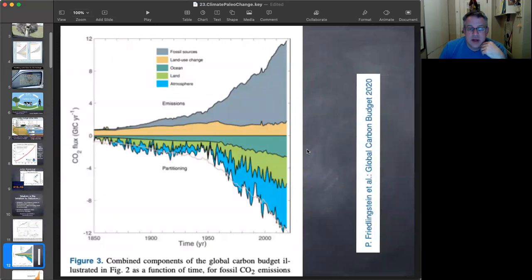So ocean is green, land is light green, atmosphere, that's the part that's leading to this parts per million increase, is the blue. And for a little while here, we weren't sure what was happening because it didn't add up. Probably means that we missed counting some of them, but most of the time, the leading edge of this tracks pretty closely along this, which is just the mirror image of this. That's the source. And so the sinks balance the source.